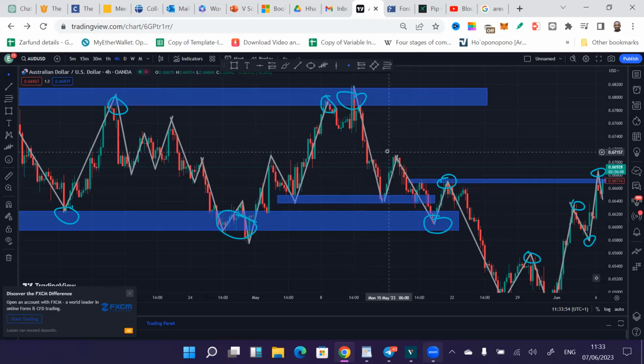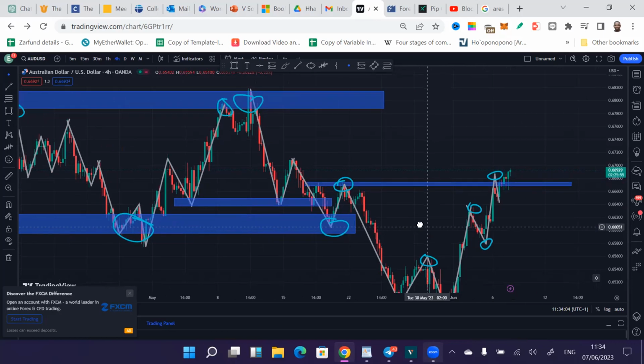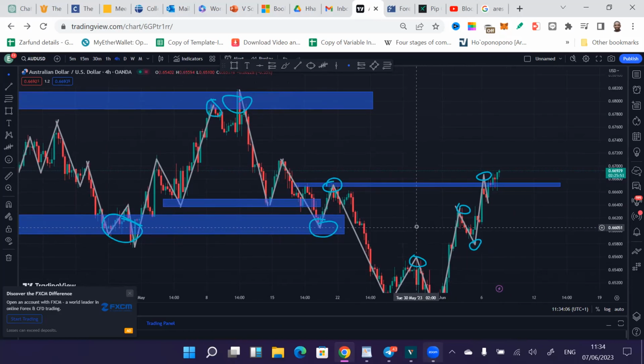But if you are not trading long-term, then you are not looking for the larger swings like this. This is a very large swing. Look at the time frame that we are on.